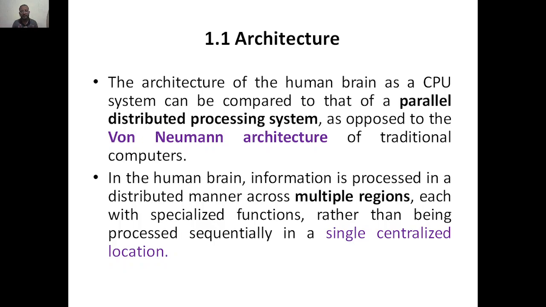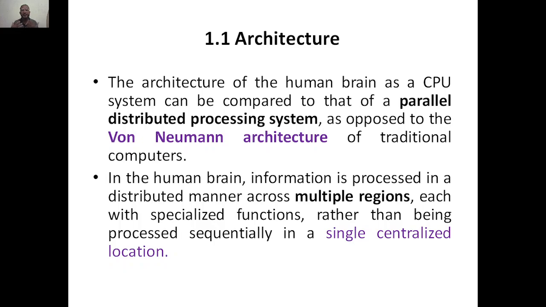Rather than being processed sequentially in a single centralized location, in the brain it is not centralized. It's not like first I look, then I process in my brain, then I store the information, then I explain it to you, then I sign. No, everything is happening in parallel, because the processing is distributed across multiple different regions.